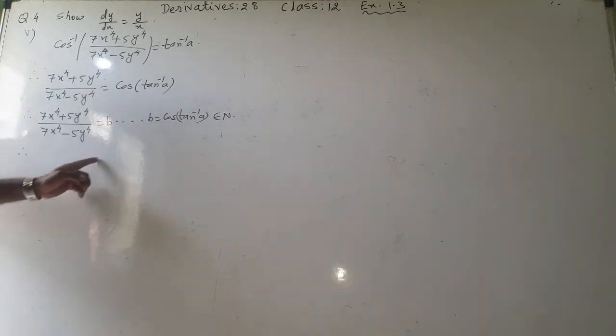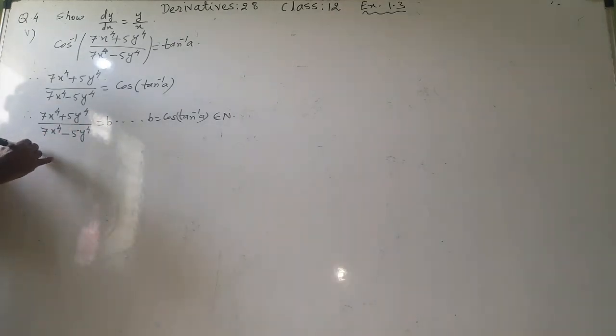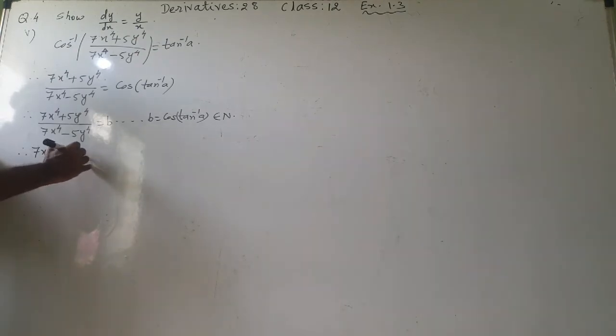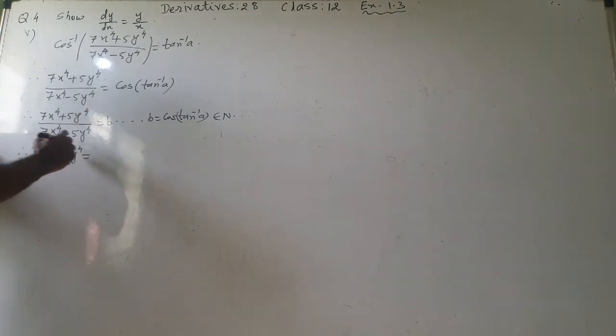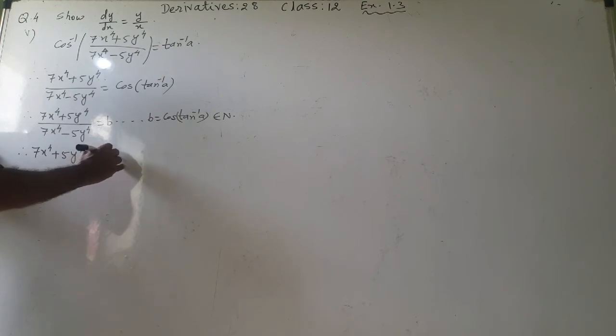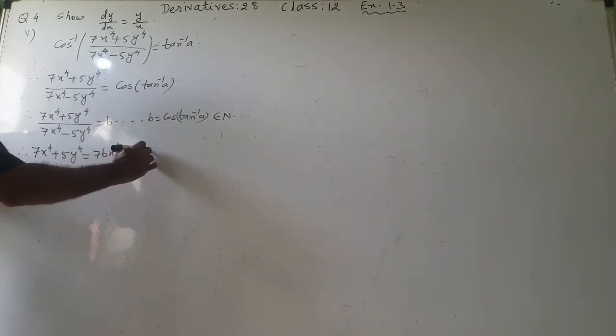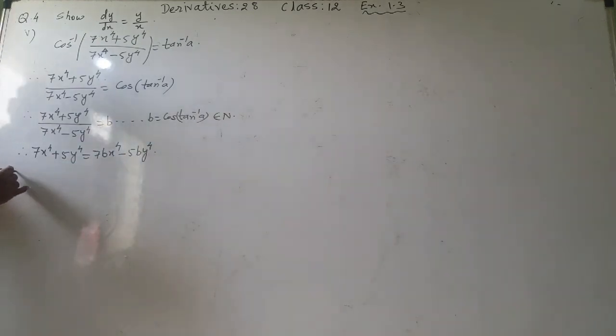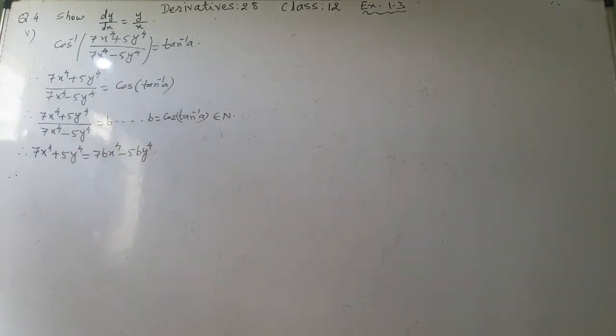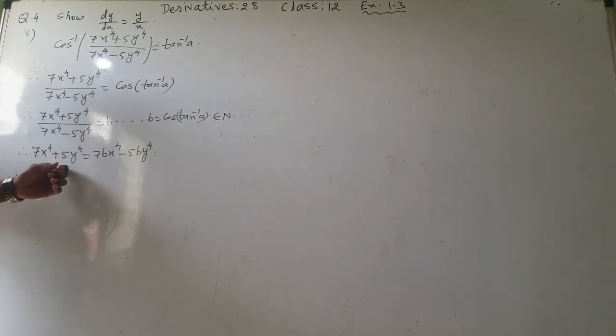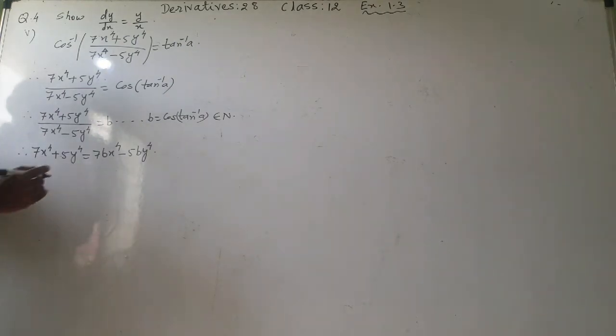So by this I will multiply here. So 7x raised to 4 plus 5y raised to 4 is equal to 7b x raised to 4 minus 5b y raised to 4. Therefore, I will separate the terms. Say suppose I am keeping y here and x there, that you can do anything.